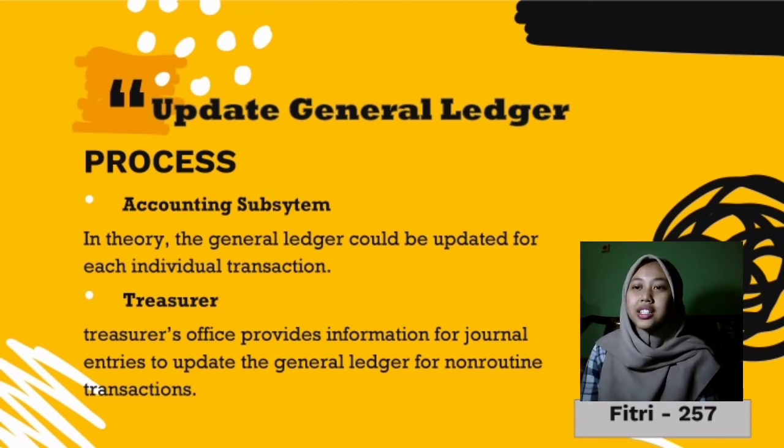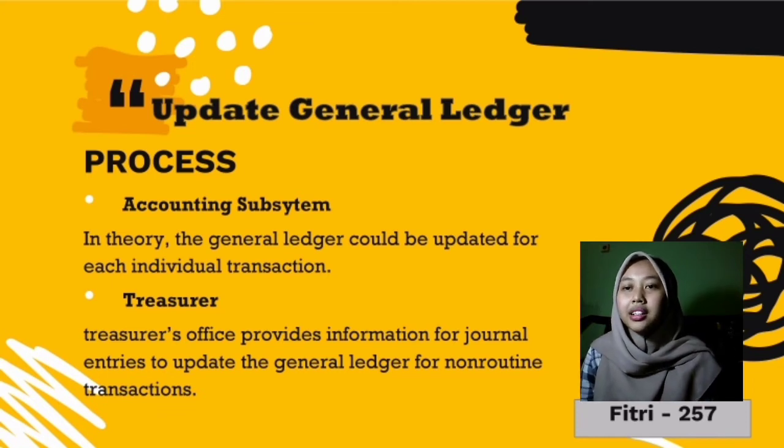In theory, the general ledger could be updated for each individual transaction. In practice, however, the various accounting subsystems usually update the general ledger by means of summary journal entries that represent the result of all transactions that occur during a given period of time, such as a day, week, or month.